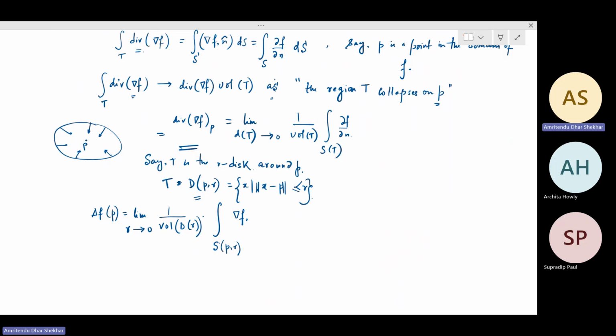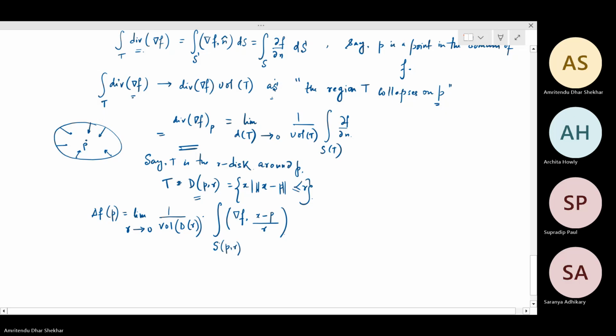The unit normal vector field is given by x minus P divided by the norm of x minus P, which is just equal to R. So this is how we can restate this result if it was a disk.